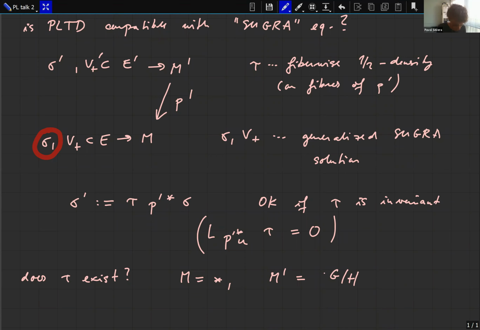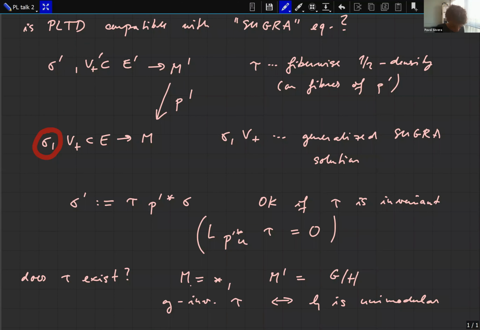Yeah, it's invariant with respect to constant sections of our Courant algebroid. So in this case, we need a G-invariant tau, and such a thing exists if and only if H is unimodular.